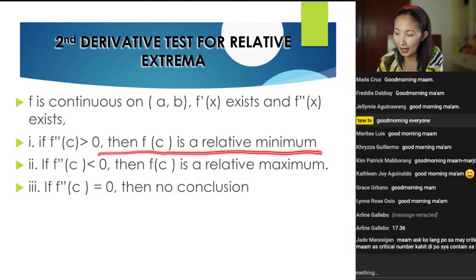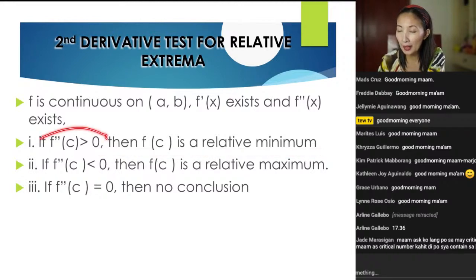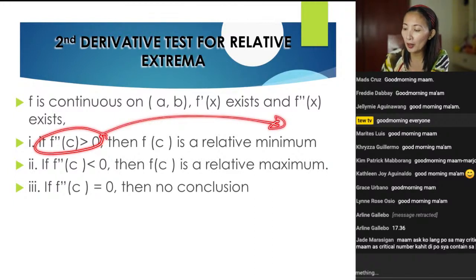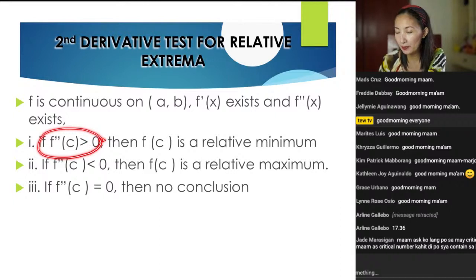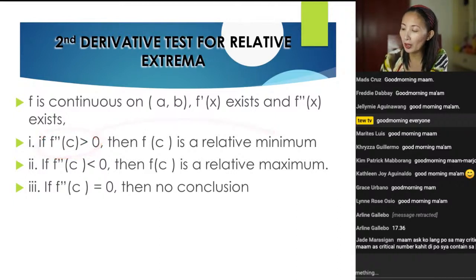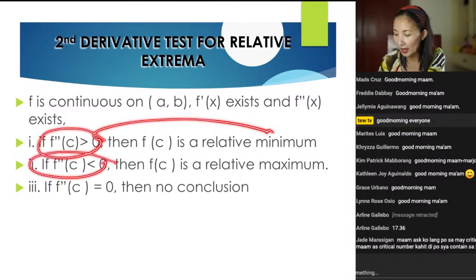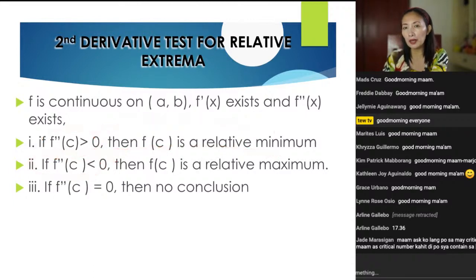So, it's the opposite. If f double prime is positive, it's a min. If f double prime is negative, it's a max. If f double prime is 0, what is it? We'll find out later.